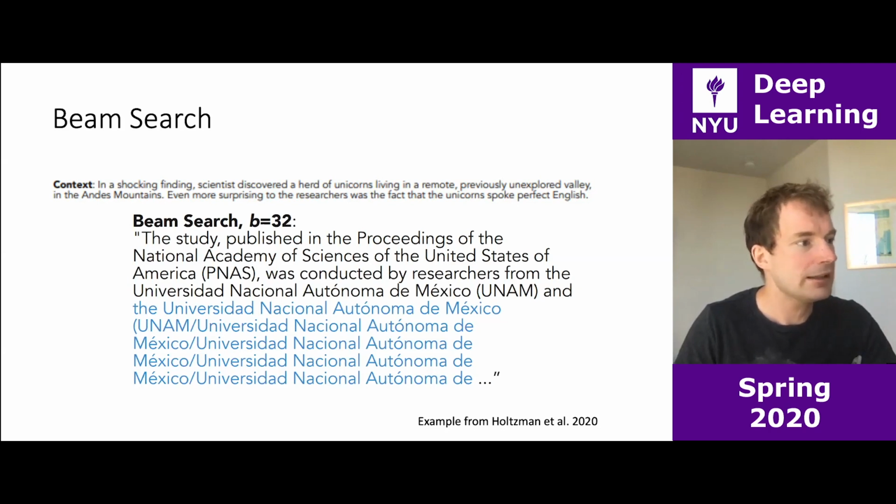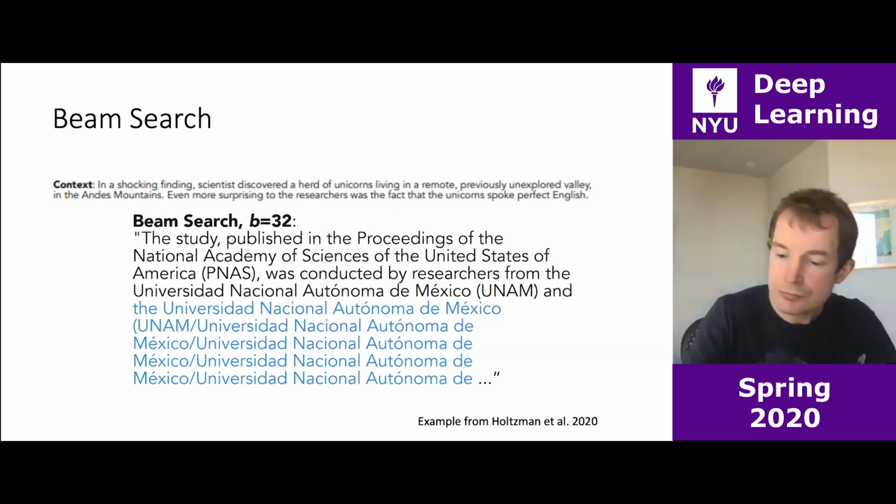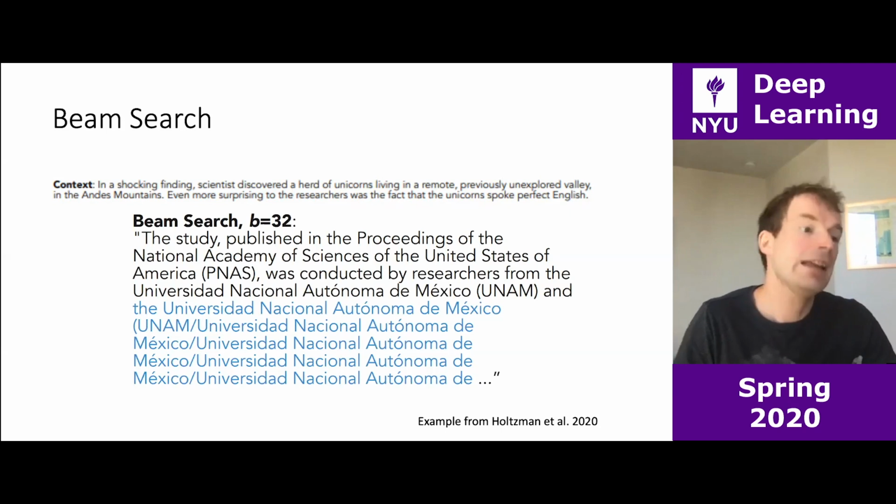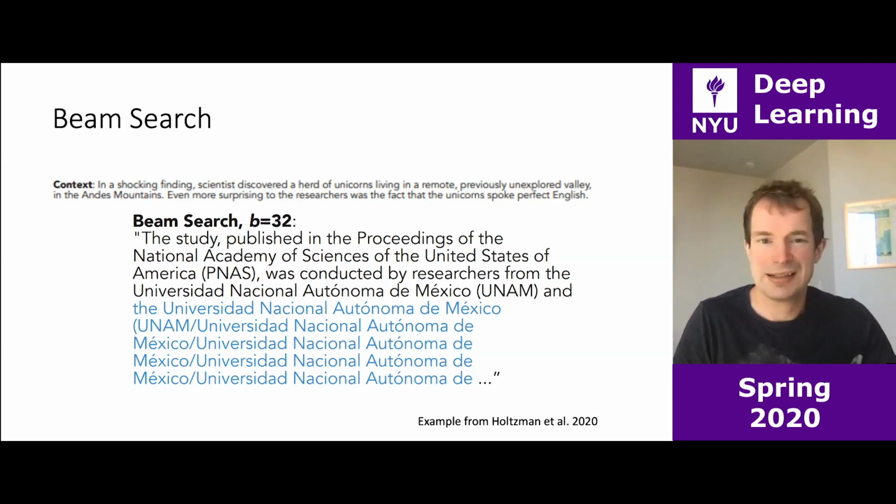You can see here that the model starts out producing some good stuff, then gets stuck in this weird feedback loop, repeating the same phrase over and over again. I guess what's going on here is that once you've said this phrase twice, saying it the third time is actually the most likely thing to do. And then all these other hypotheses get very high probability, even if they're not good.